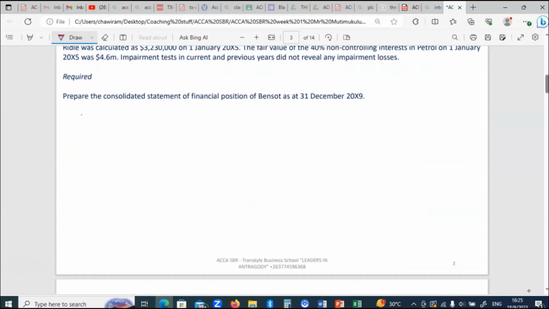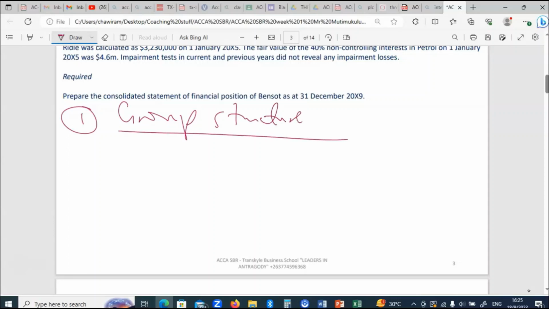This is usually the standard working, the group structure. You need to see the group structure clearly. First of all, we have got Bensot. Bensot acquired Redu. What was the percentage acquisition? This was 75%, so the NCI there was 25%.